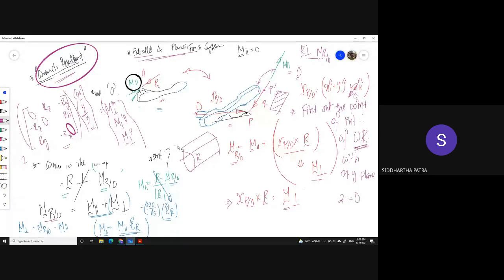Then any plane which is tangential to that cylinder is not a valid plane. But there are a lot of planes possible, and at least one of the xy, yz or zx planes would not be parallel to R, since all three planes cannot be parallel to R. So in the questions that you would get, you would definitely be given only a single plane to find the intersection with.